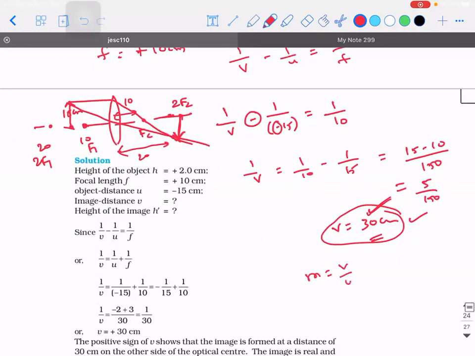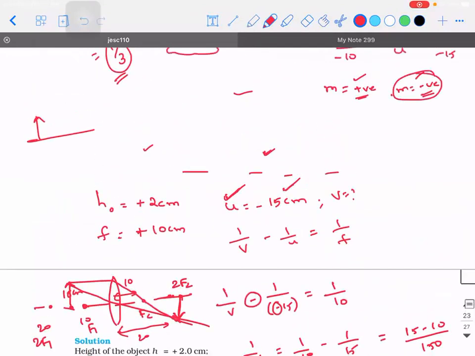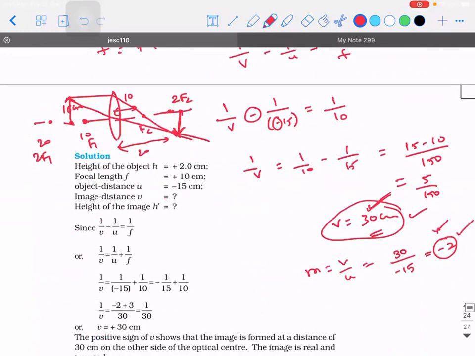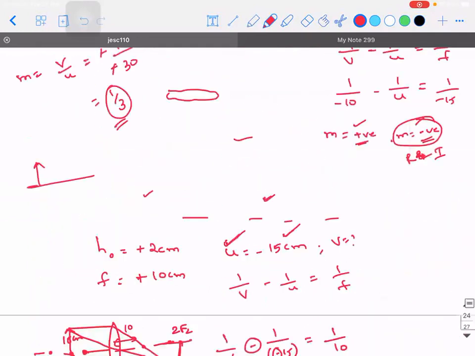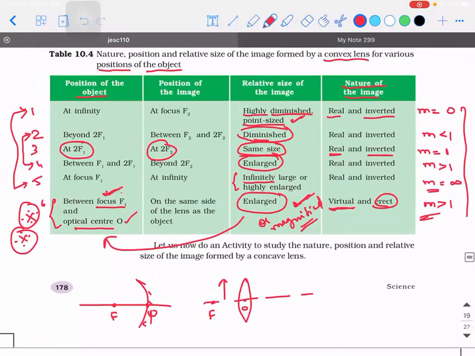So M is equal to V divided by U. V is 30. U is how much? Minus 15. It is minus 2. Here the negative sign indicates, as I told you, M negative means real and inverted. And the value is greater than 1, so it is a magnified, enlarged image. Again, refer to your table. Is it right? It is an enlarged image.